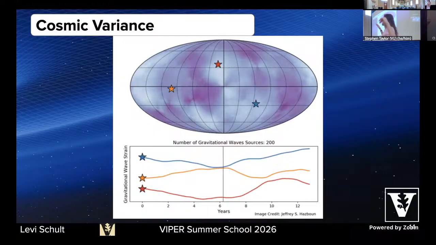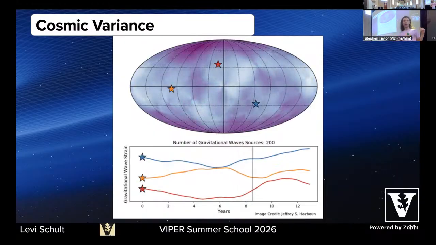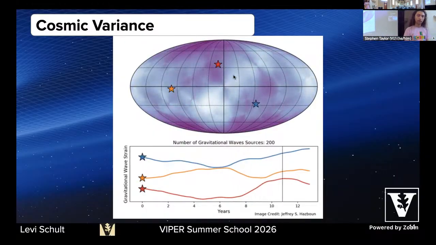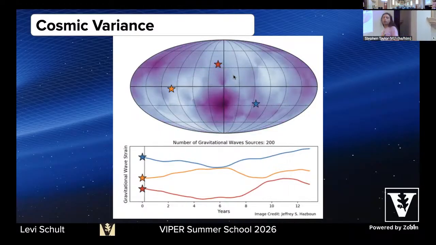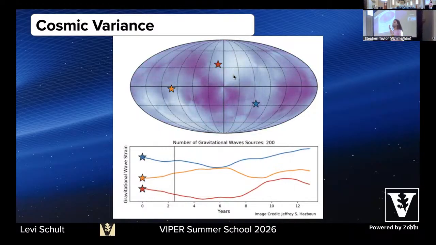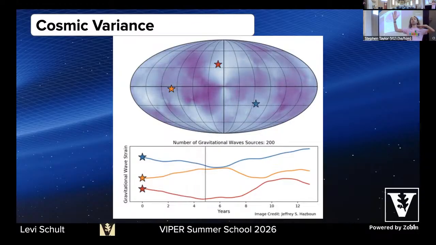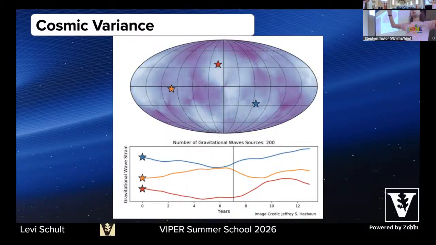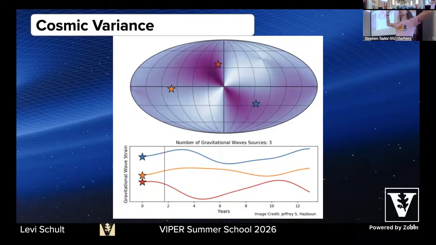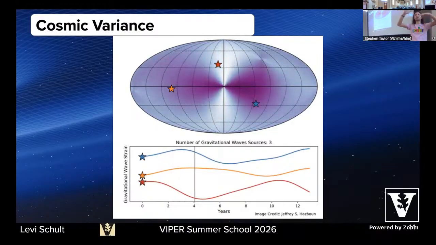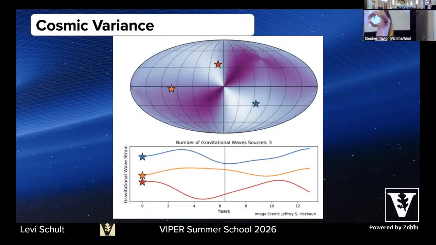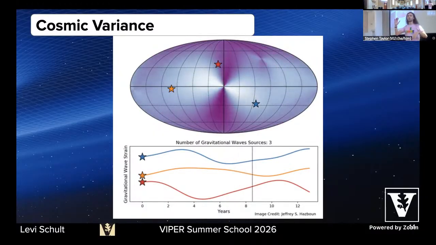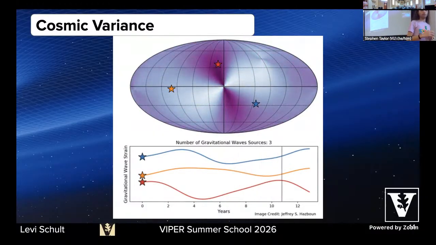If we pick a random point on the sky, let's say like here, you're getting the gravitational wave contribution from many different sources, and we have thousands or more sources per frequency bin. Those waves are going to overlap and positively and negatively construct with or interfere with each other.